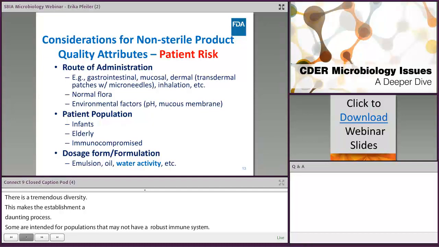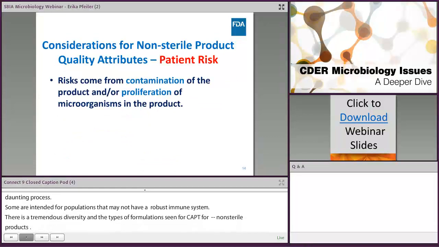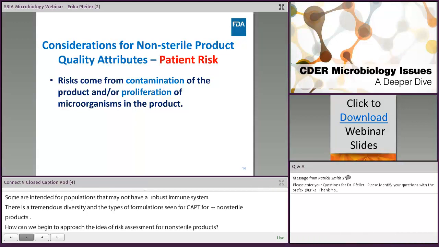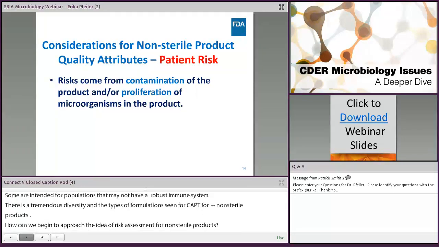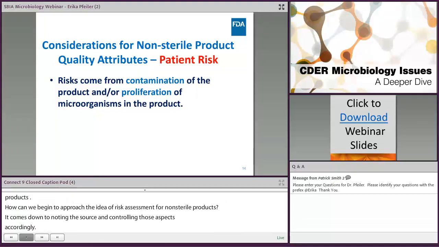So how can we begin to approach the idea of risk assessment for non-sterile products? Well, it comes down to knowing the source of any risks and controlling those aspects accordingly. For non-sterile products, risks come from either situations where the product is contaminated, particularly with objectionable organisms, or the microorganisms that normally exist in a non-sterile product are allowed to proliferate to undesirable levels.